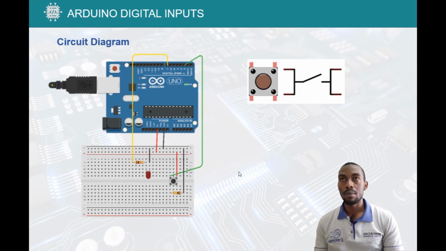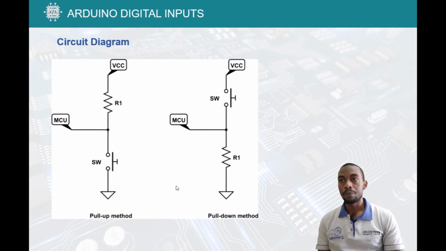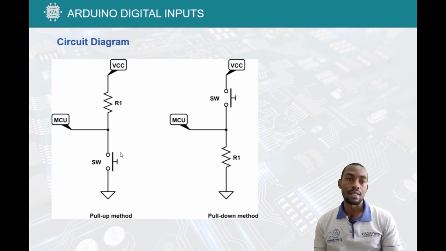So this concept, let me explain it further. Normally when you have nothing, there's no press on the switch or the button, there needs to be a state for the Arduino. For example, in this pull up method, the button is not pressed, but the microcontroller is connected to this switch.